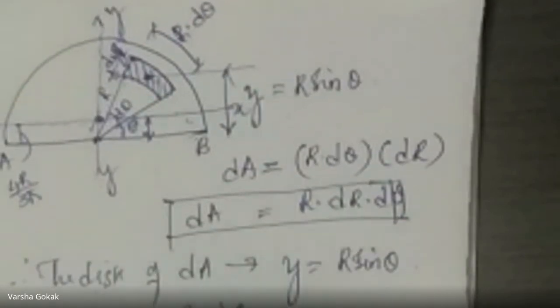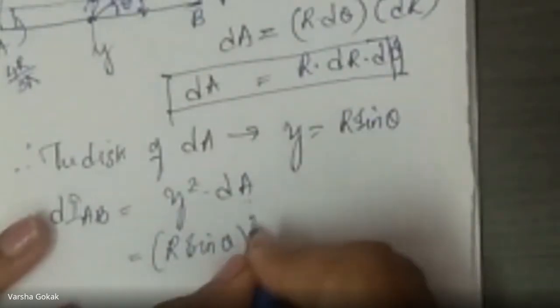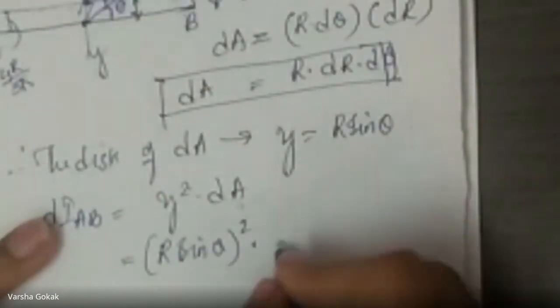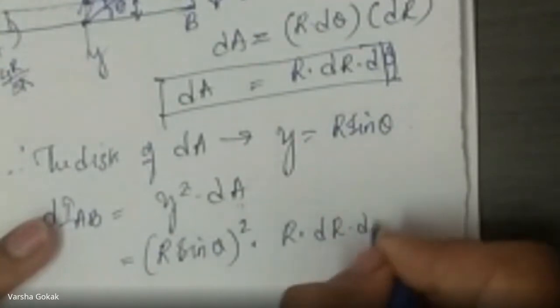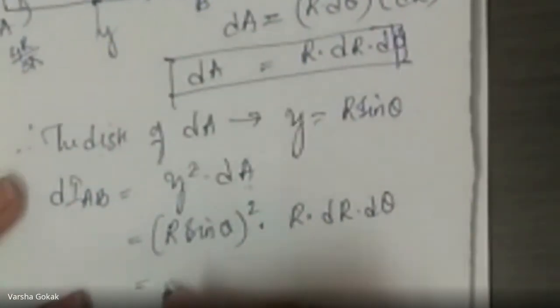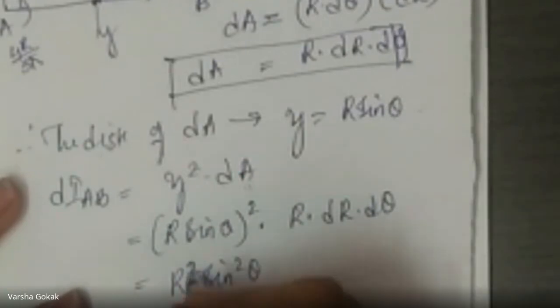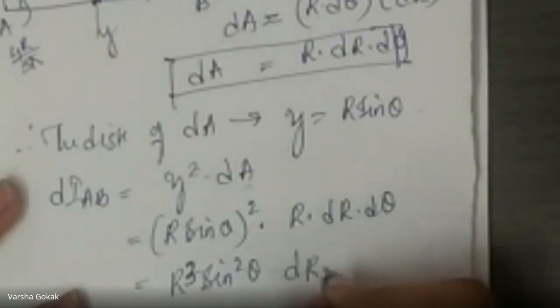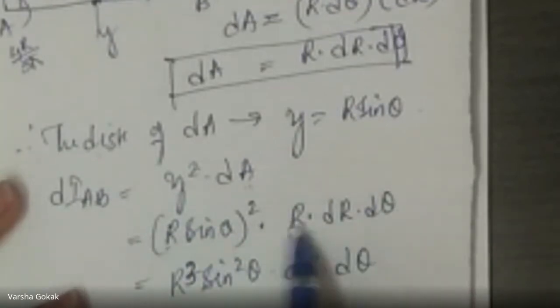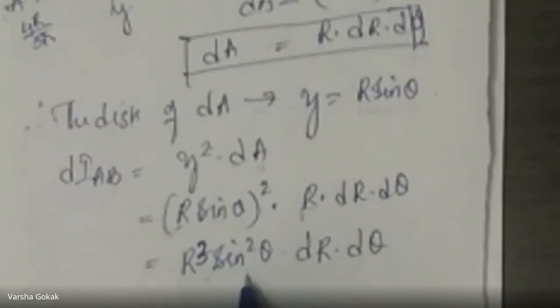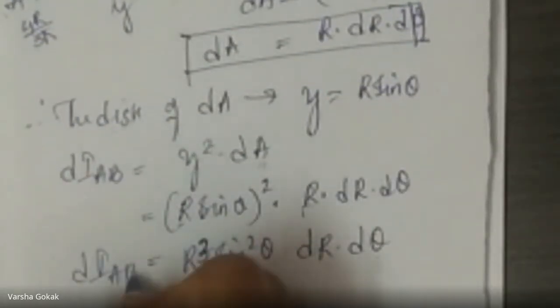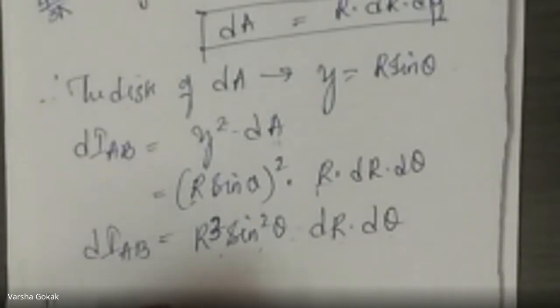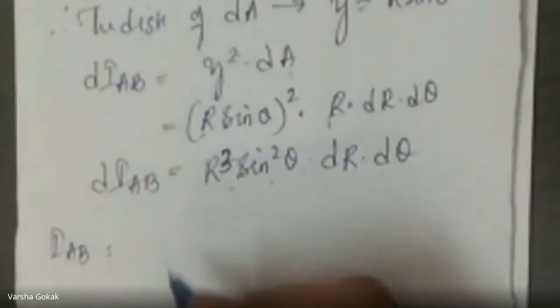So we know that y is given by r sine of theta, the whole square, into dA, which is given by r into dr into d theta. Correct? Open the brackets. I'll have r square sine square theta into r. I'll make this r cube here only. Okay? dr into d theta. This r and this r square together is r cube. r cube sine square theta dr into d theta is your dI_AB. Now, if I want I_AB, then I'll have to introduce what? The integration.